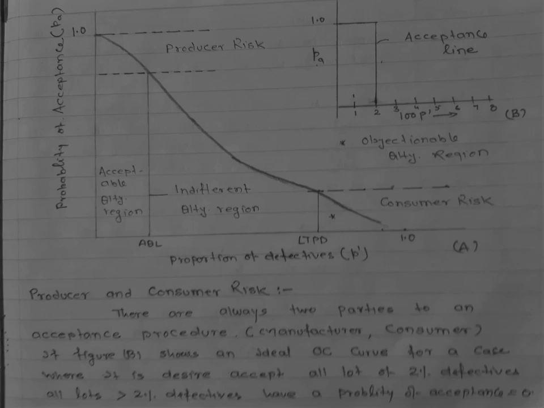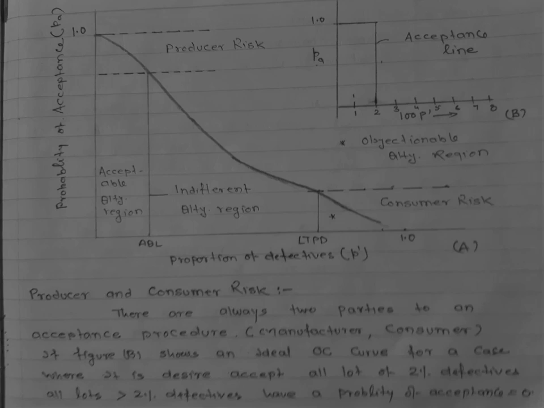However, no sampling plan exists that can discriminate perfectly, so such a situation is not possible. So there always remains some risk that a good lot will be rejected or a bad lot will be accepted.